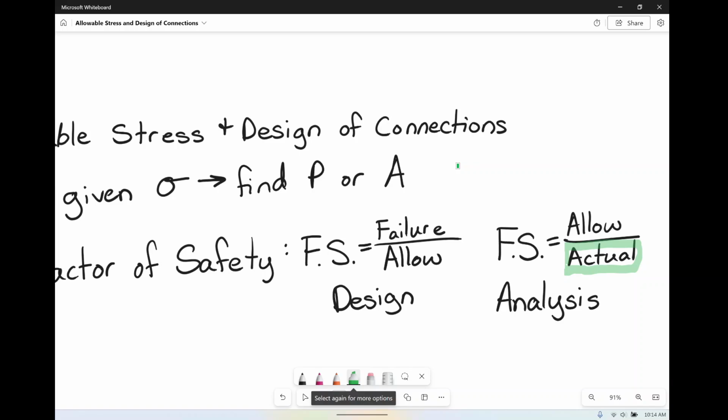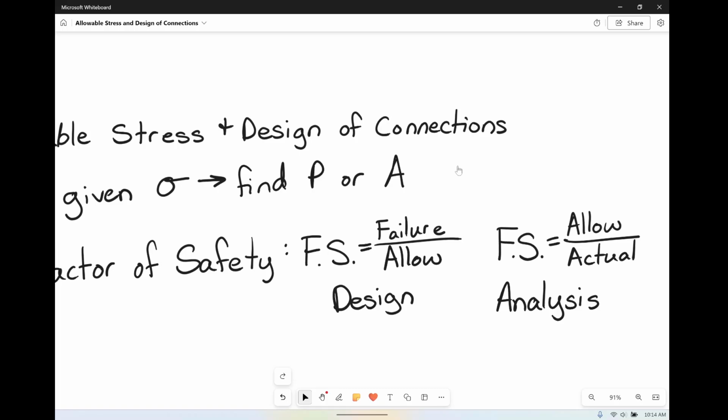And we have perhaps an allowable limit that we want to not hit based on a factor of safety. So if you know the actual, then we're in analysis, and if you know the failure, then you're in design. And allowable, you can see, is kind of in between.